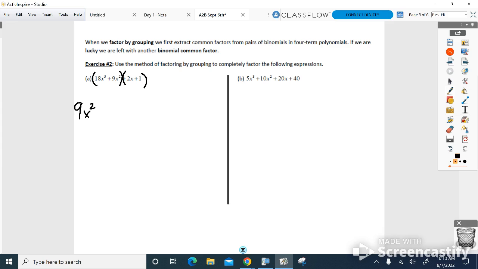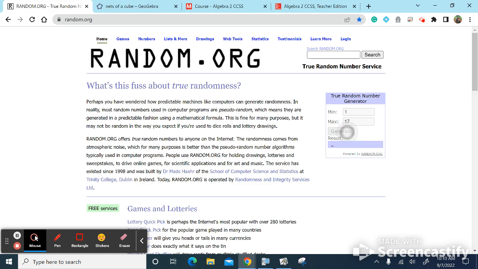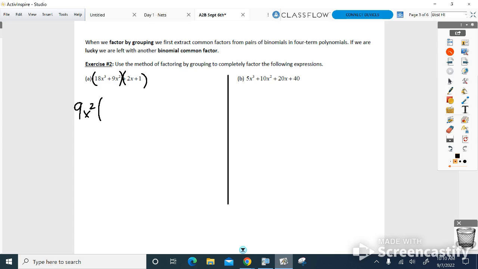If I take a 9x squared from that, what's left in that first parenthesis? Divide everything by 9x squared. What's left? 2x plus 1. Good job. All good. All right, so we took a GCF out of the first pair.